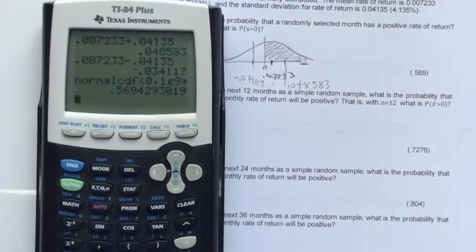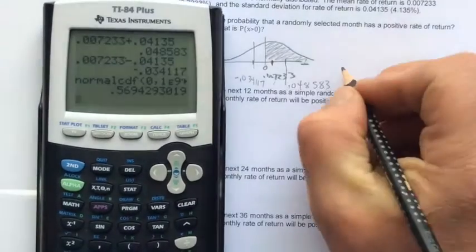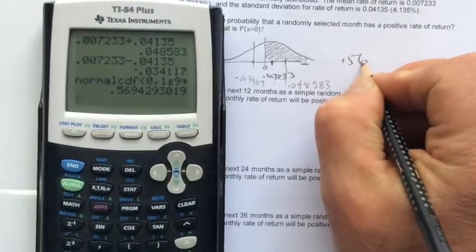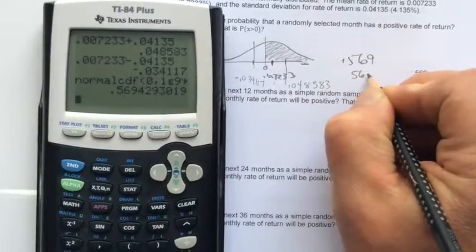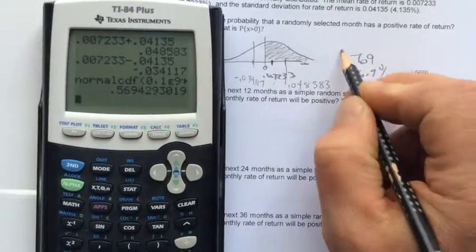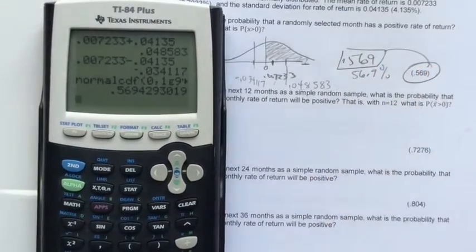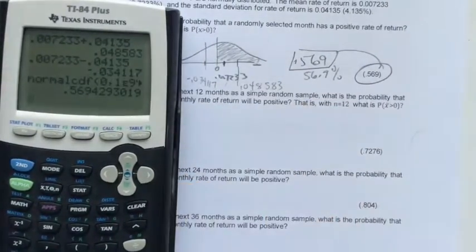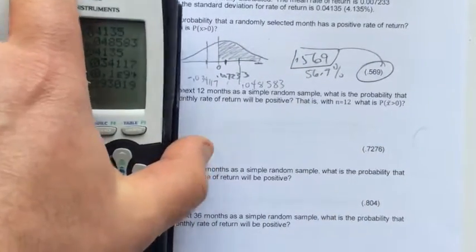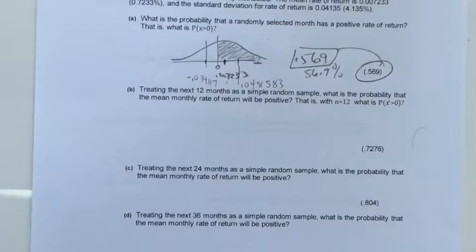So it looks like there's a 57% chance, 0.569, 56.9% chance your month is going to be making money. So 57% of the months, stocks made money.